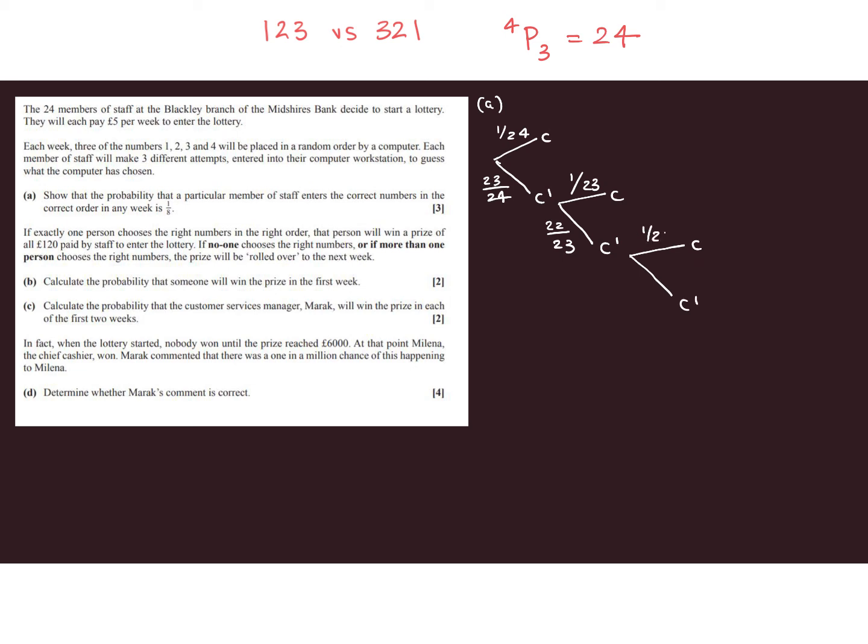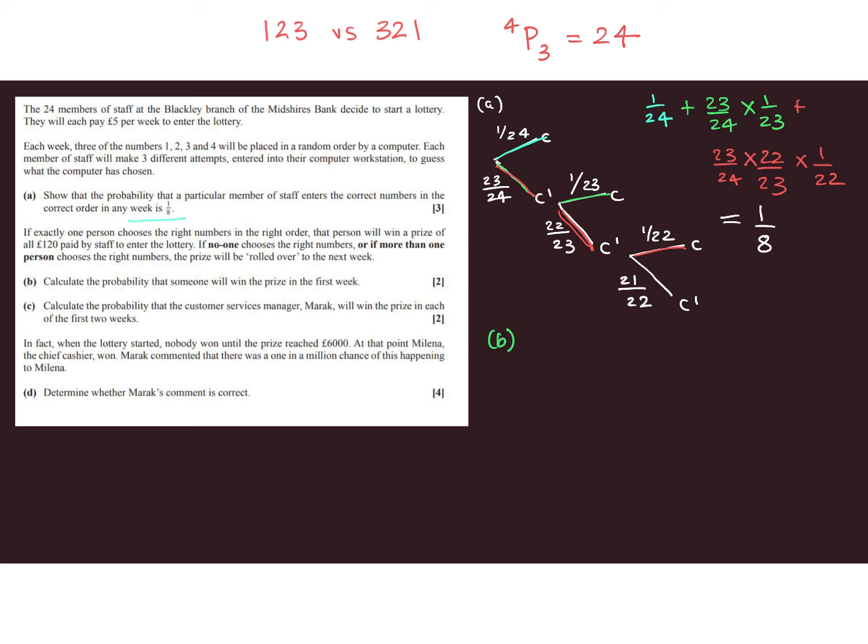At this point, there's 1 out of 22 options which would be correct, and there would be 21 out of 22 options which would be wrong. And it comes to an answer of 1/8, which is what we were expecting.